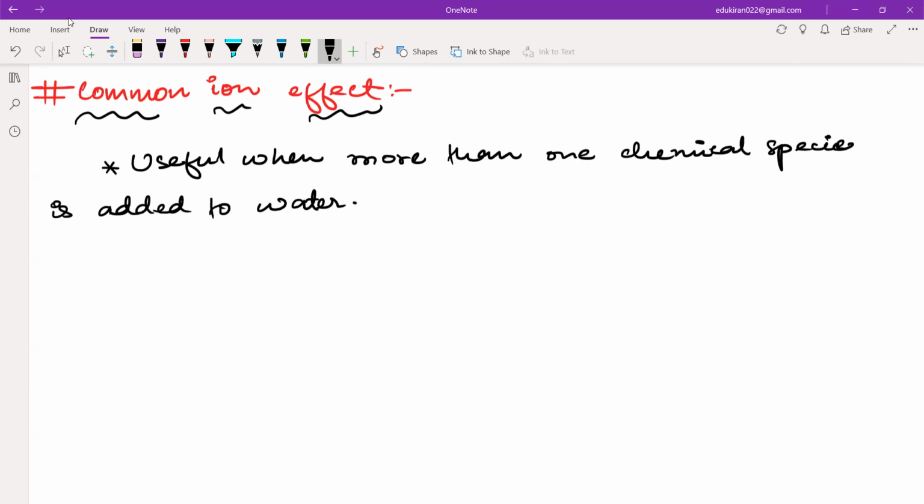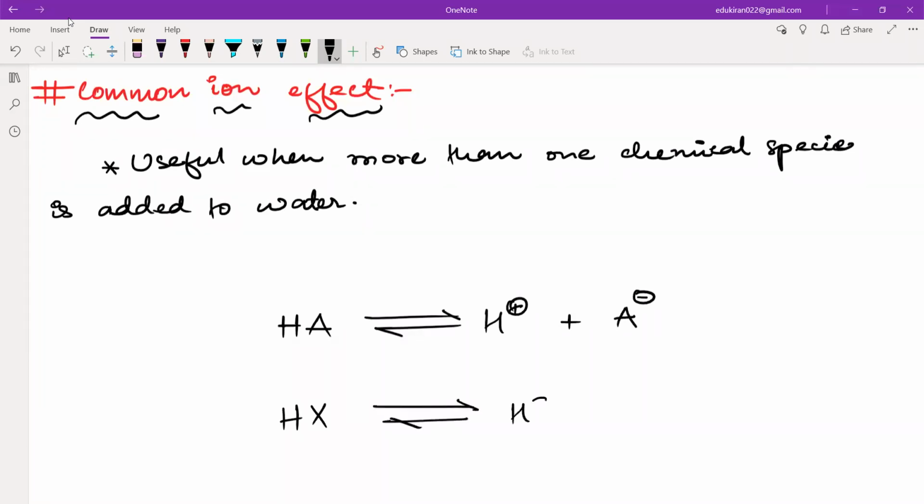Now, what I will do, I will start with a reaction. So please listen, don't write. We have an acid HA and it gets dissociated into H positive plus A negative. Now let us say I added some other molecule HX and it is going to give me H positive plus X negative.